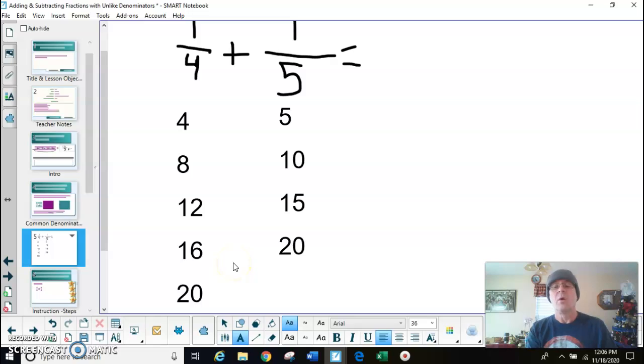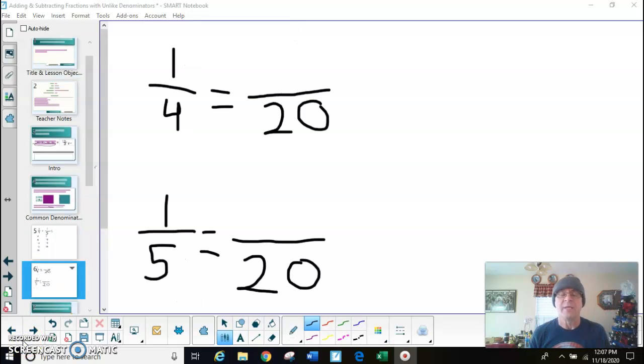So what we need to do is make equivalent fractions. 1/4 equals how many 20s? Well, what did I times 4 by to get 20? 4 times 5 equals 20. Now, whatever I do to the denominator, I must do to the numerator.